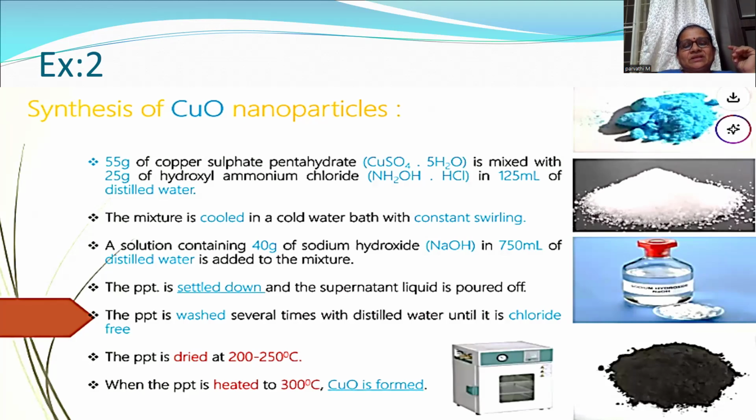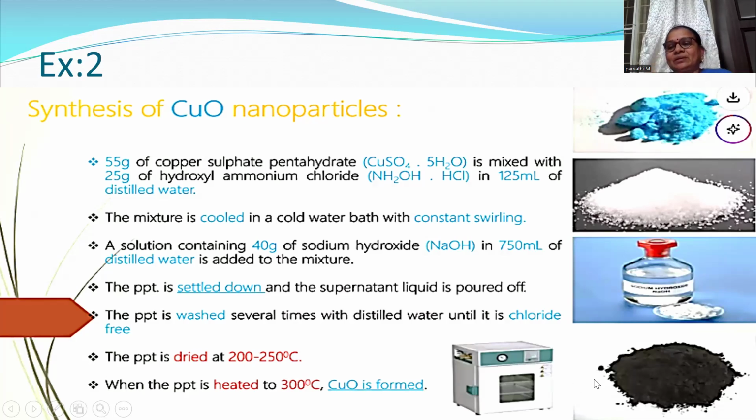The precipitate is dried at 200 to 250 degrees centigrade. When the precipitate is heated to 300 degrees centigrade, then copper oxide is formed. This copper oxide, you can observe, is the black portion on the right hand side, and the equipment used to get this copper oxide is shown. So this is a pure copper oxide nanoparticle.